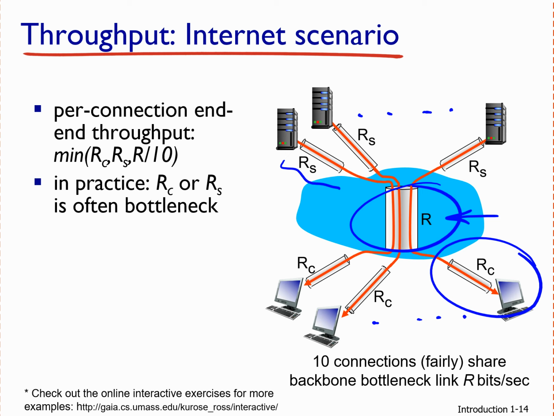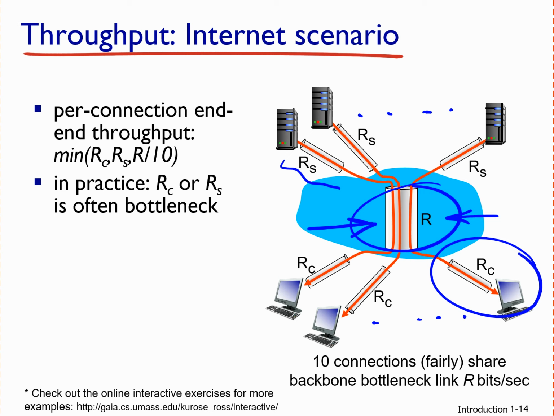Now if you look at the core here, based on the number of connections, we have to divide, to be fair, that transmission rate among all the currently active senders.